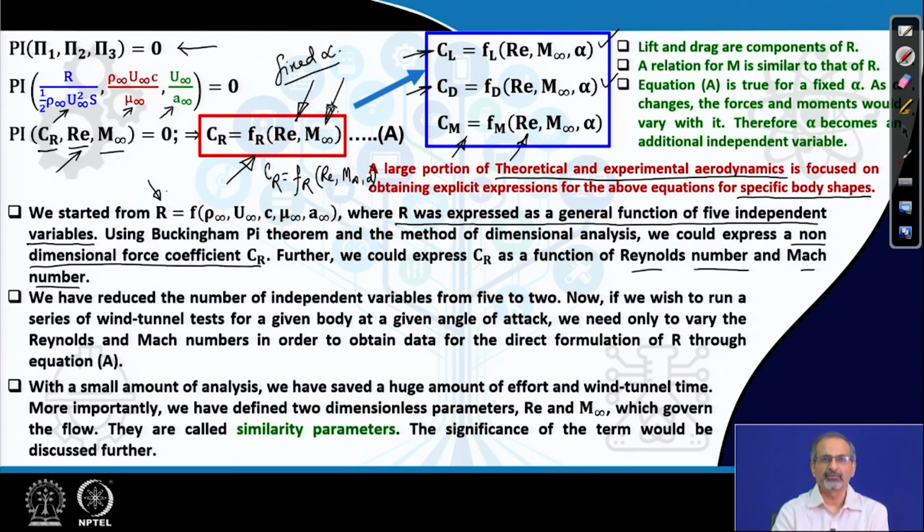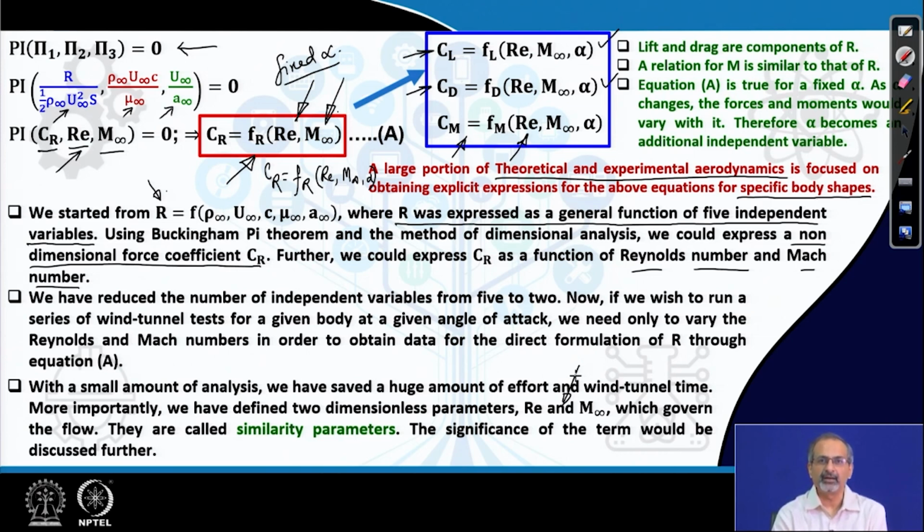With a small amount of analysis that we did, we have saved a huge amount of effort and experimental time. More importantly, we have defined two dimensionless parameters, Reynolds number and Mach number, which were known to us from other means, but here we obtained them through a very practical engineering approach.